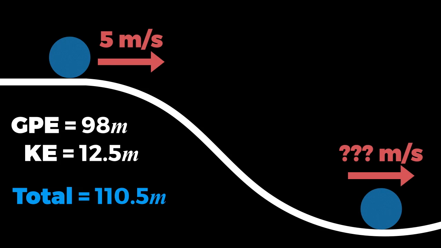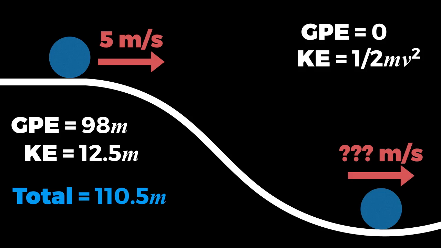Now that we found the total energy of the object before it rolls down the hill, now we need to figure out what the total energy of the object after it rolls down the hill is equal to. Once again, we use the same strategy. We know that the gravitational potential energy of the object is 0. Since it's at the bottom of the hill, it is 0 meters above what we call ground level, which means that the gravitational potential energy is going to be just equal to 0.